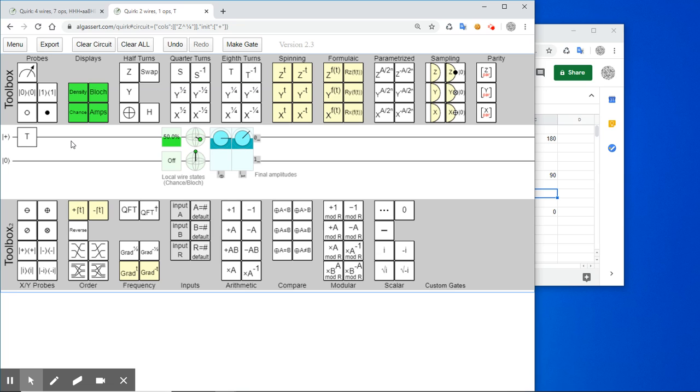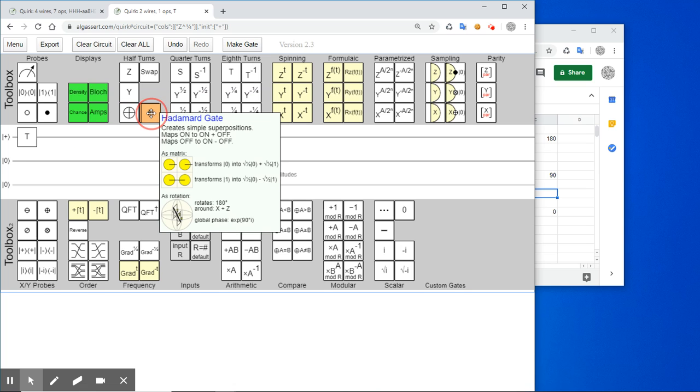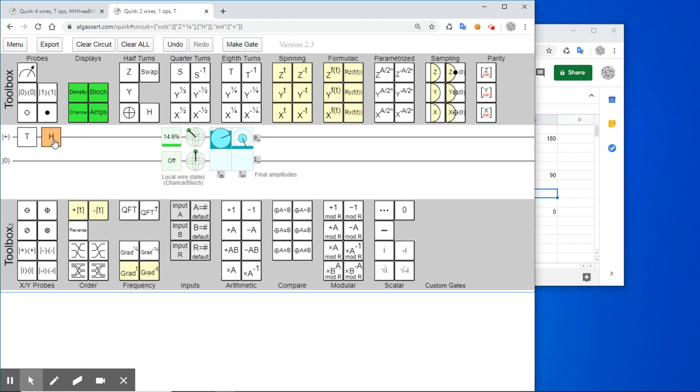Now I'm confused. If I apply a Hadamard here, this will end up there, which is a 14% chance of measuring 1.